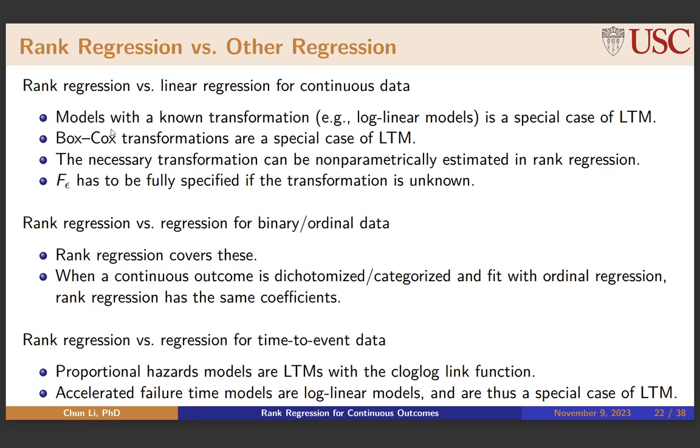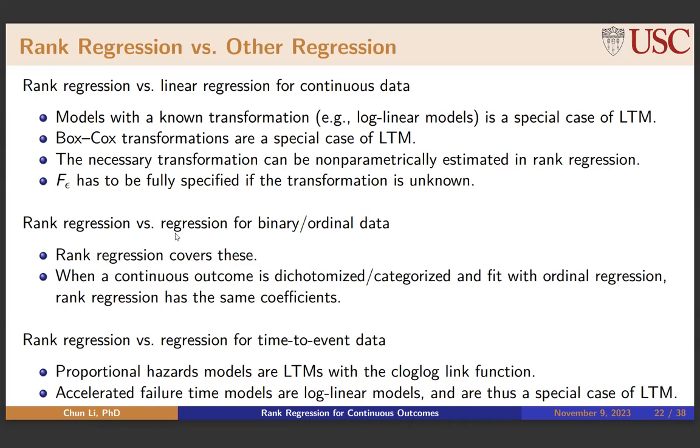And here the necessary transformation can be estimated instead of specified, so it can be non-parametrically estimated. So it's really cool. To compensate for that, if the transformation is unknown, we have to estimate it, and we have to specify the distribution for the residual. That part is for the purpose of compensating for the unknown knowledge on this side.